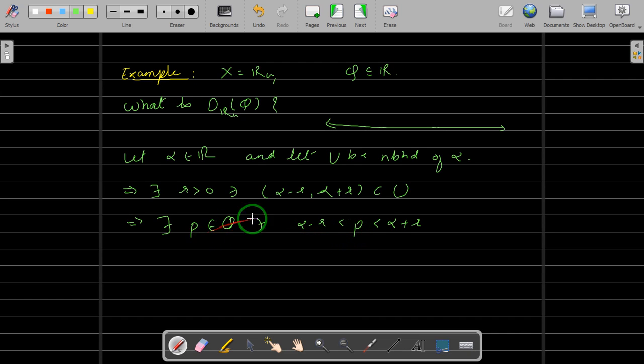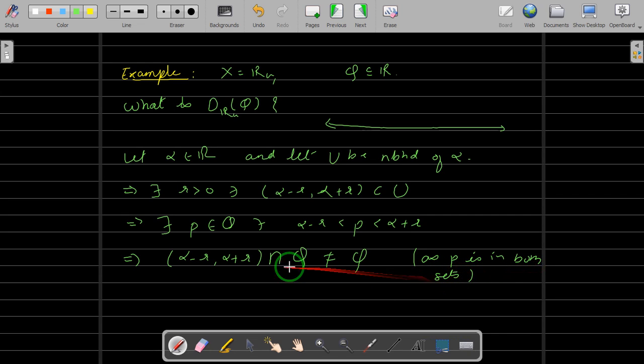So there exists a rational number p such that alpha minus r is less than p less than alpha plus r. That means this p belongs to this open interval, and this implies if you take the open interval (alpha minus r, alpha plus r) and take the intersection of this with Q, this will be non-empty, as p is in both sets. And this p need not be the same as alpha, because here r is positive.